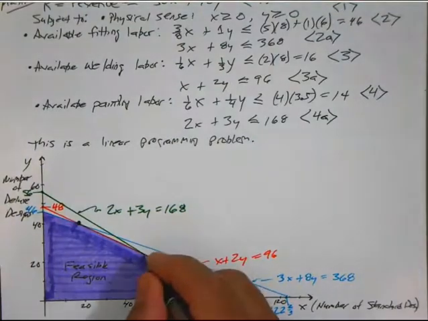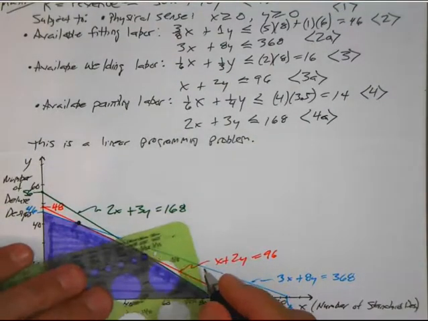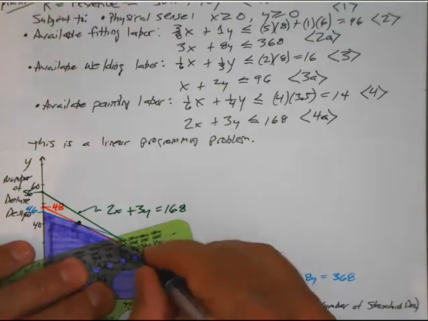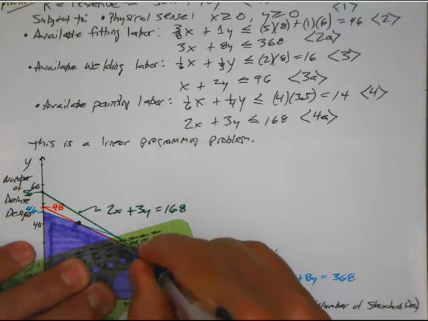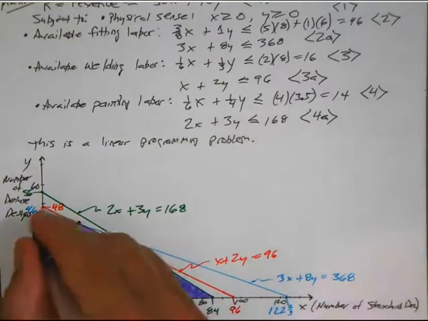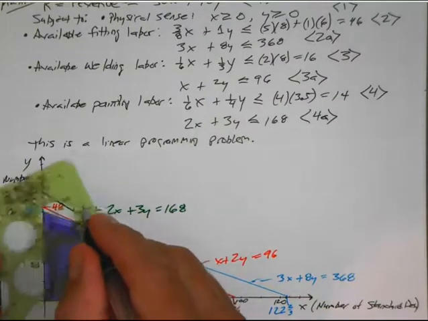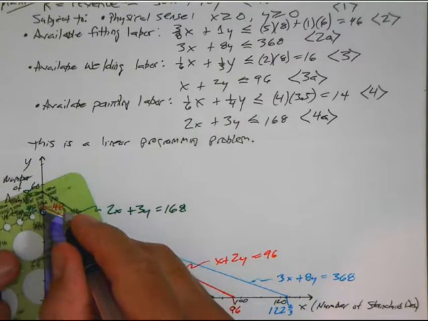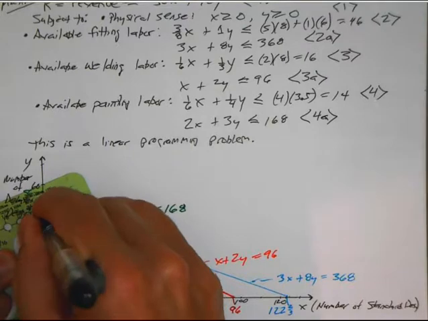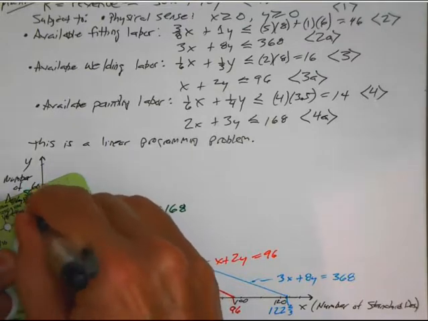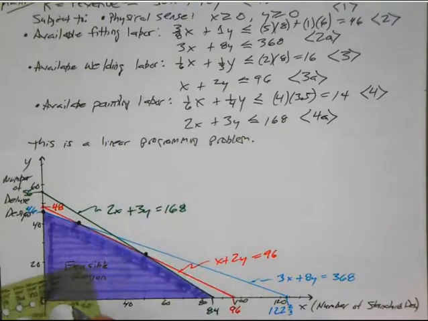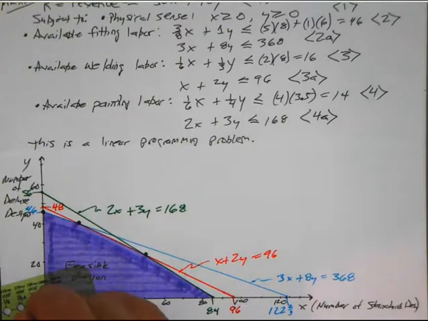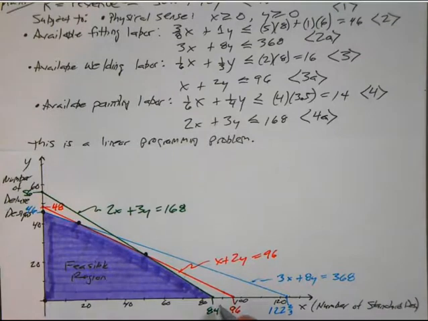Here, back up here at 0, 46, that ends up being a vertex. Of course, 0, 0. And out here at 84, 0.